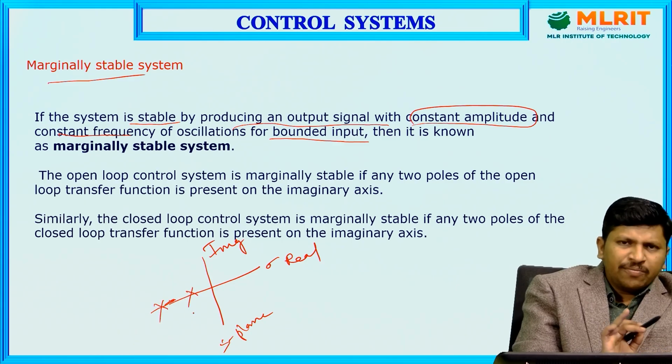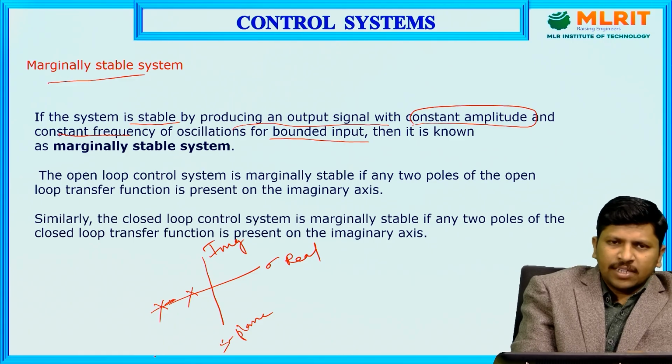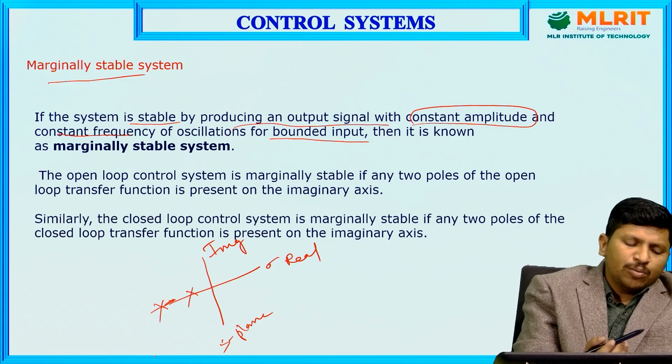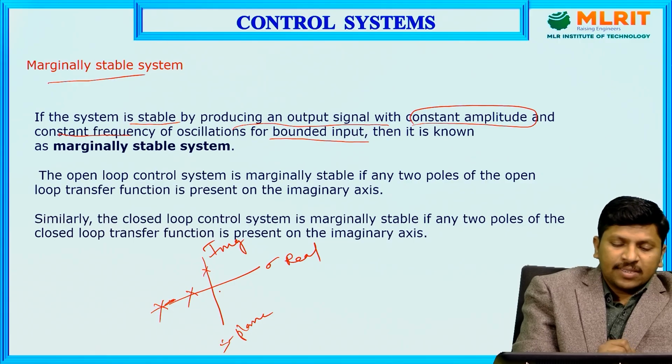For example, these two poles are in the left half of the S plane and one more pole is present on the imaginary axis. So a total of 3 poles are available: 2 poles in the left half of the S plane and one more pole on the imaginary axis. Then this type of system is nothing but a marginally stable system.